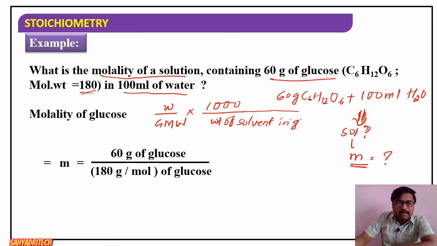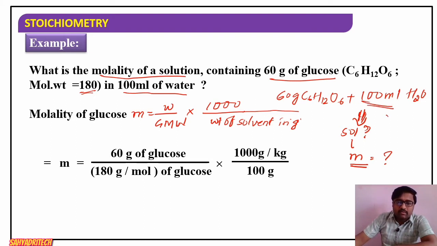Now weight of solute is 60 gram of glucose, divided by gram molecular weight of glucose, 180. So 60 by 180 into 1000 divided by, they said, 100 ml of water.